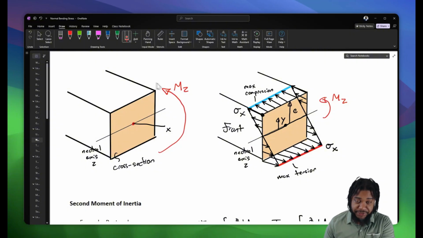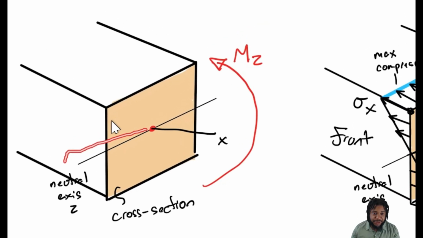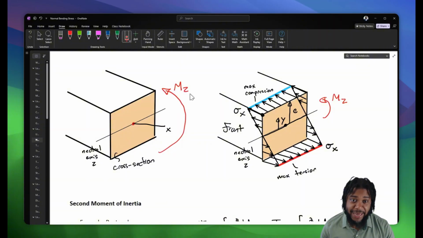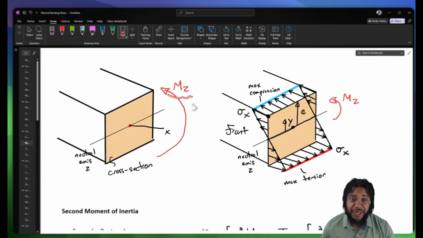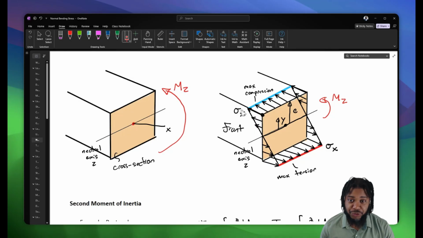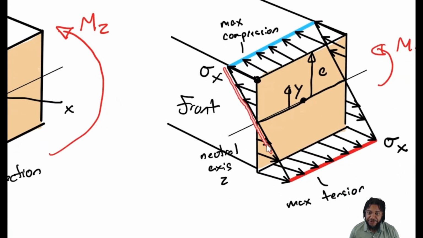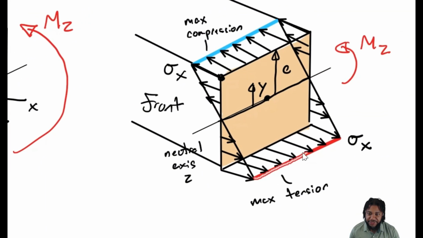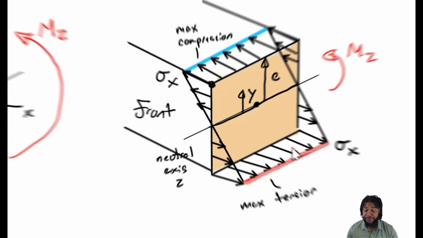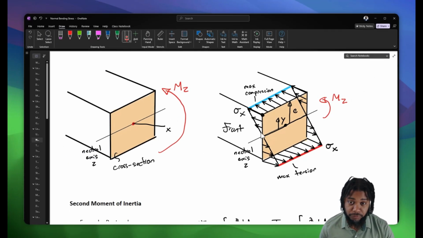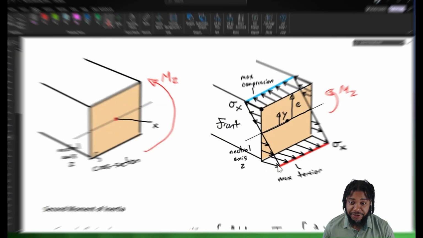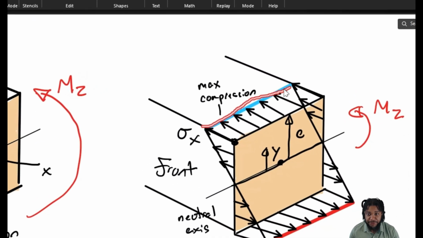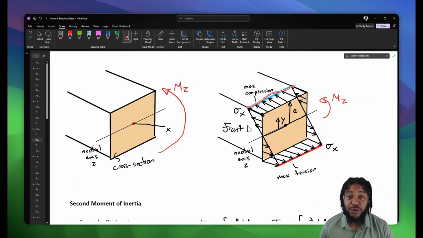We have a moment that is applied about the z-axis, and if we replace that coupled moment with our stress distribution, we can see that it is linearly distributed, and it remains linear across the entire thickness of our member, right? That means that the entire bottom of the member is in tension, and the entire top of the member is in that max compression, right?